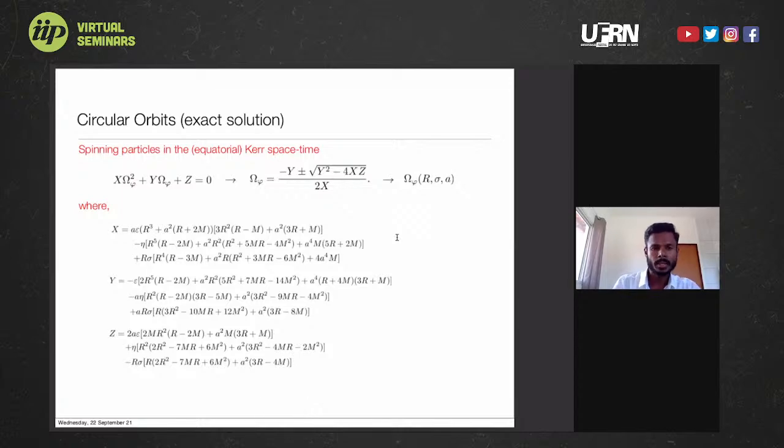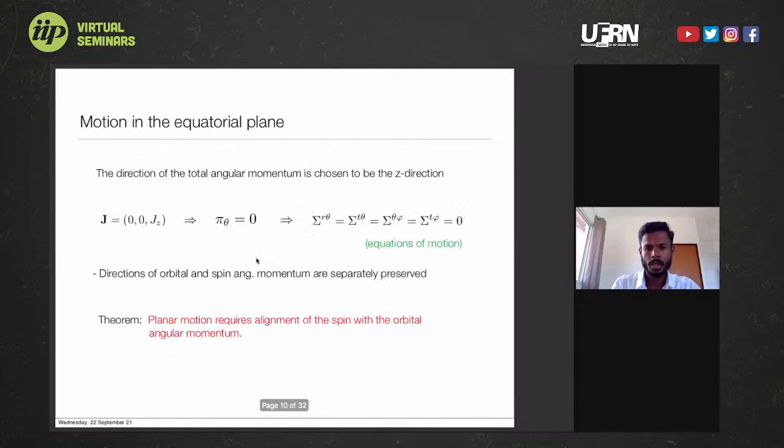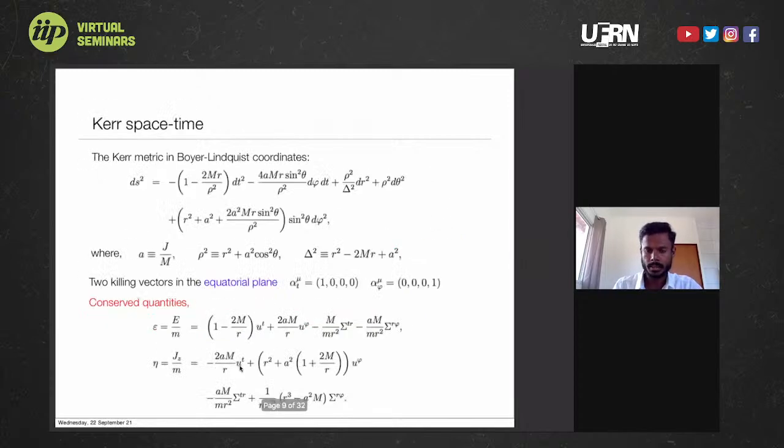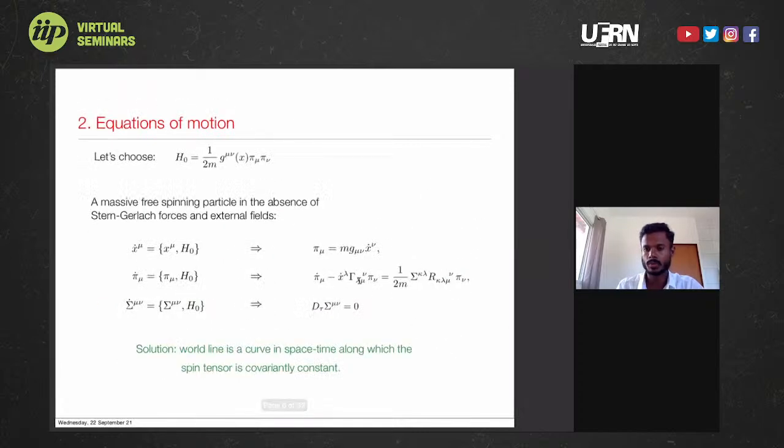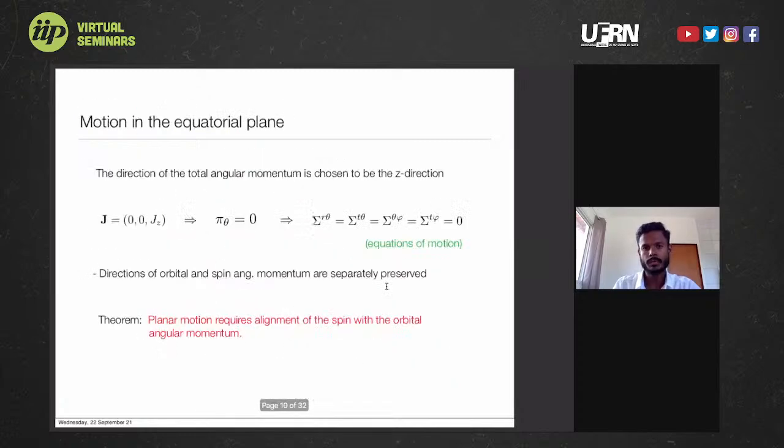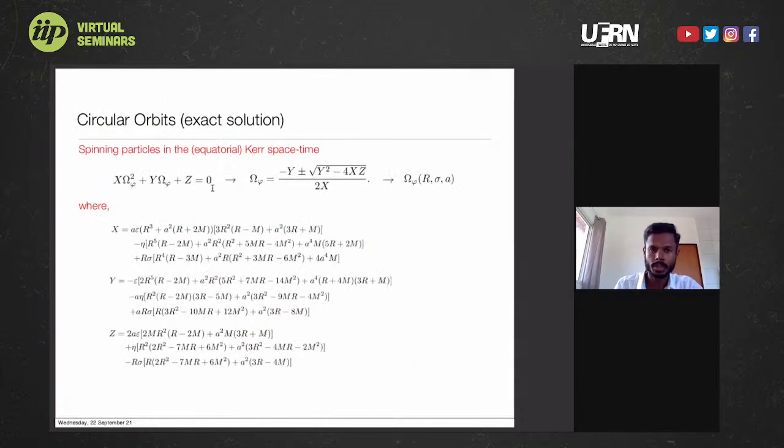Having obtained that, we now use these spin conditions and these two conserved quantities in our original equations of motion, which are these 10 equations. By using this, we can get rid of 9 equations, and we are left with only one, as shown here.